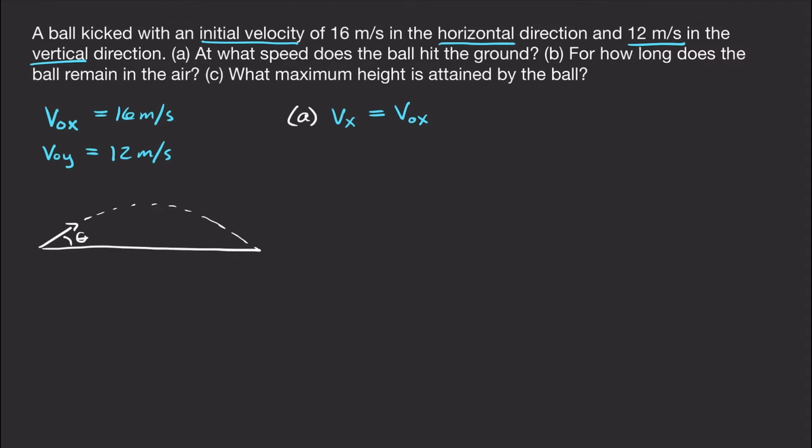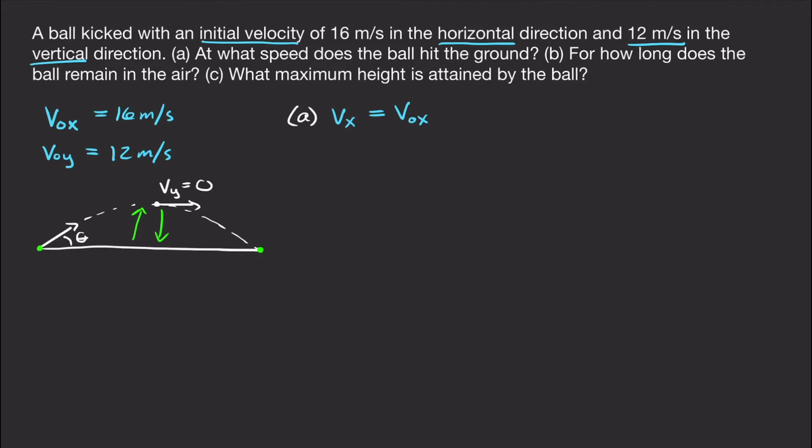Now, when it gets to its maximum height, all of the velocity is in the x direction, and the y component of velocity is 0. If it hits the ground at the same height as it was launched, then it will accelerate for the same amount on the way up as it does on the way down.